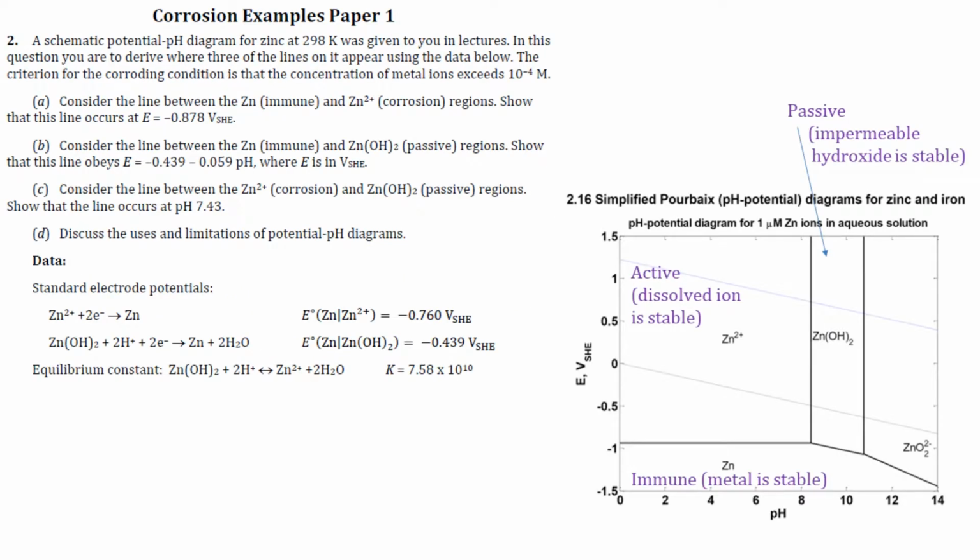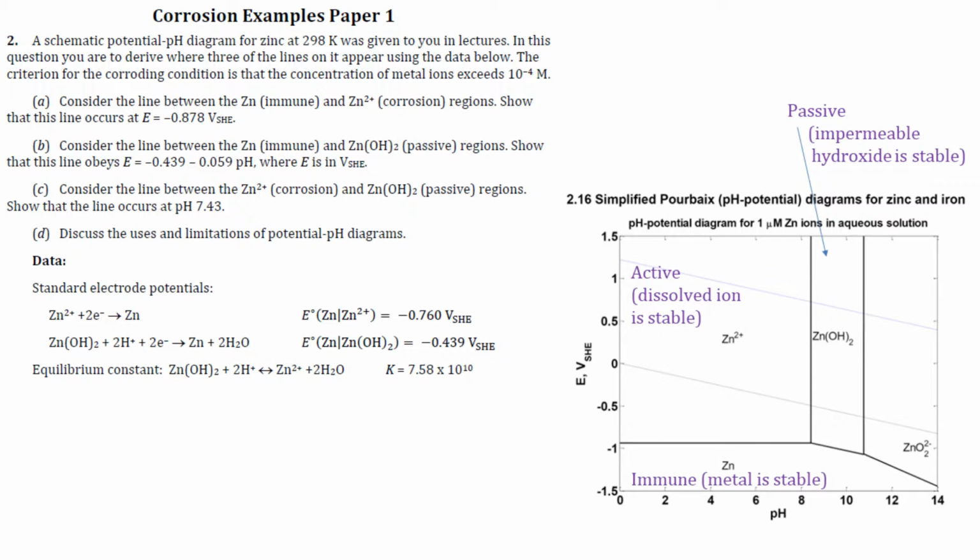Question 2 asks you to find some of the equations for the phase boundary lines in a pH potential diagram for zinc, similar to the zinc diagram given in section 2.16 of handout 1, around page 23, with the difference being that in this question the boundary lines are for equilibrium between 100 micromolar dissolved zinc 2 plus ions, or 10 to the minus 4 ion activity.